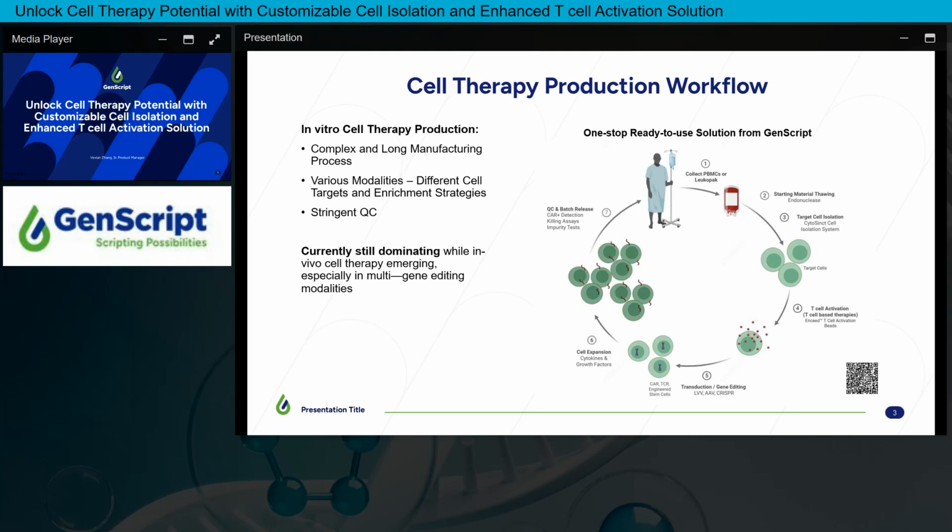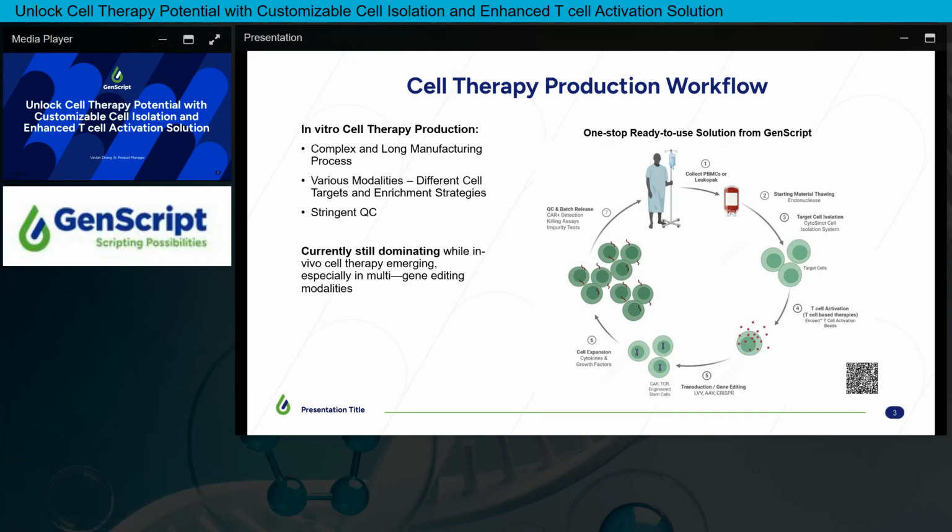At GenScript, we're honored to provide an end-to-end solution with our ready-to-use products to support the whole process of cell therapy, including endonuclease for the starting material thawing, our featured cell isolation and T-cell activation platform, our gene editing platforms, including CRISPR, viral vectors, our cell expansion cytokine growth factors, as well as a bunch of analysis and QC products as listed here.